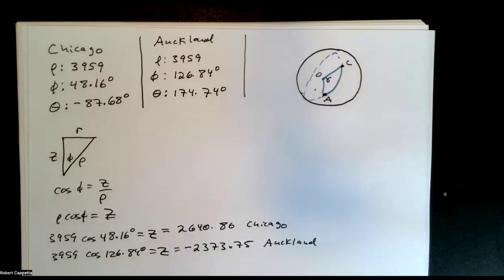So let's see what those things are. Doing the computation, we have Chicago is at 2640.86 and Auckland is at negative 2373.75 for the Z values. So we have Z, we need to figure out what X and Y are. So let's go ahead and do that computation.